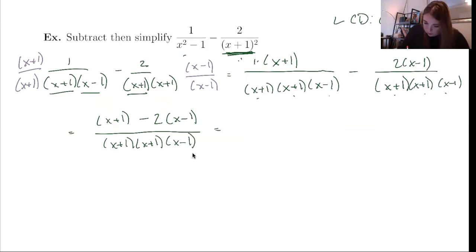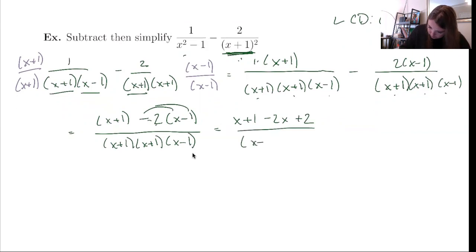All right, and so we can distribute this negative 2 to each x and x minus 1. So I'll get x plus 1 minus 2x. Minus 2 times minus 1 is going to be plus 2, over, I'm going to write x plus 1 squared just to save myself a little bit of time, x minus 1.